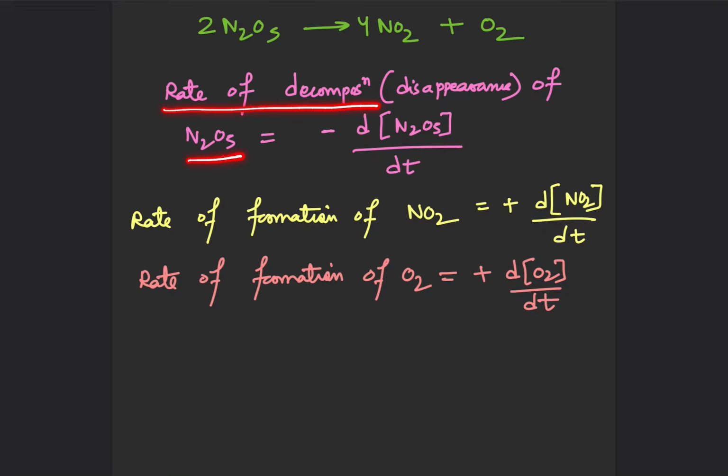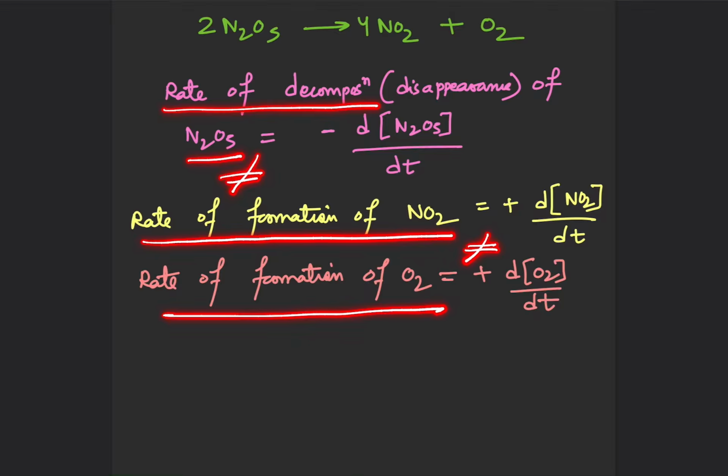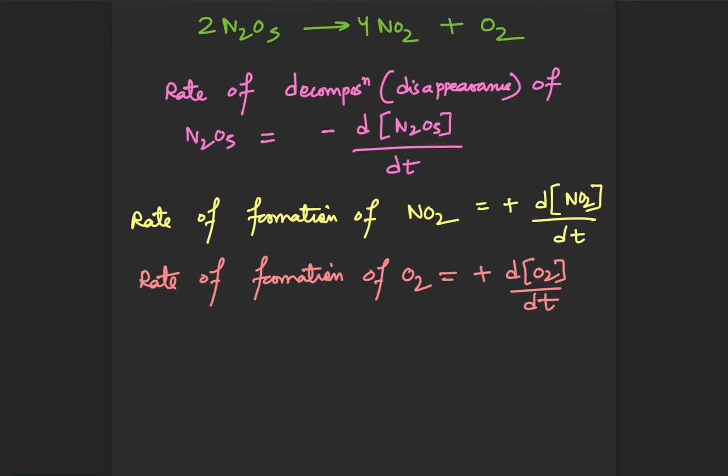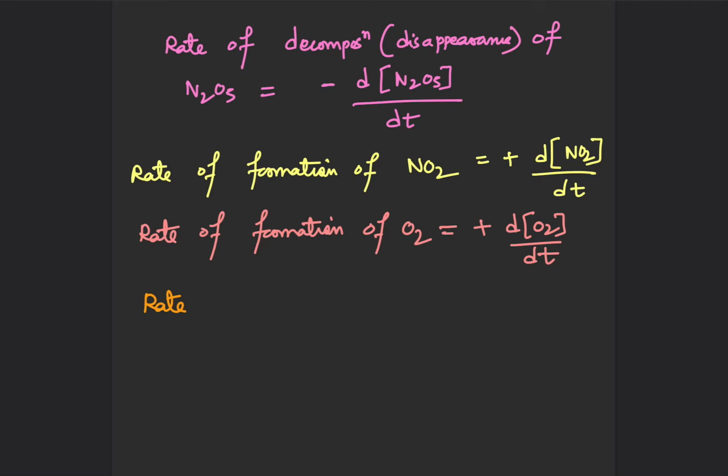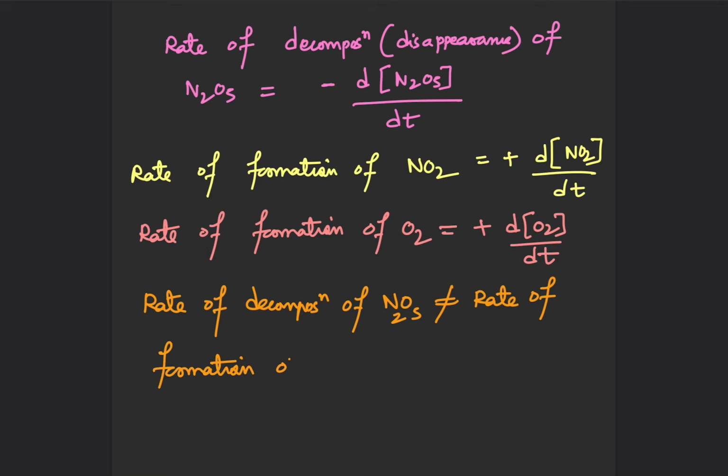That is, the rate of decomposition of N2O5 is not equal to the rate of formation of NO2, which is not equal to the rate of formation of O2. This is very important.